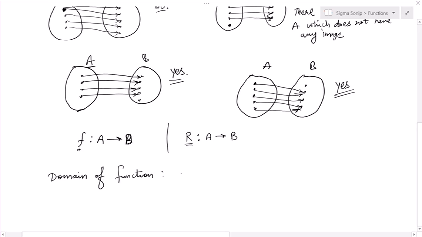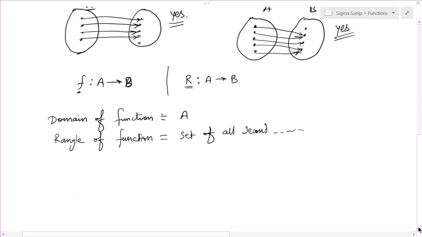So this is equal to A. Then the range of the function has the same interpretation and the same meaning as we had in terms of relation. So it is the set of all second elements of the ordered pairs. That gives you the range of the function.